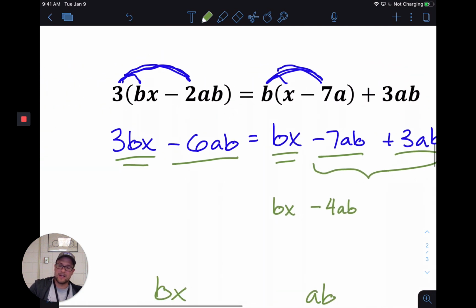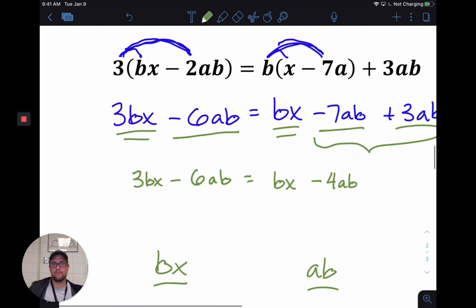And on the other side, these two are not like terms, so I can't put them on the same pile yet. Now, from there, I'm going to move my bx over to the other side. So I'm going to subtract bx from both sides. And to move the negative 6ab to the other side, I need to add it to both sides.